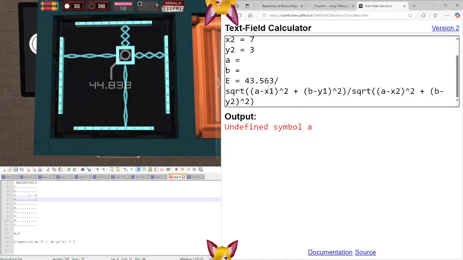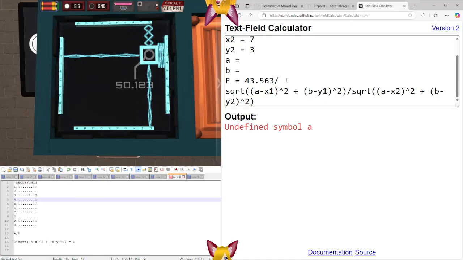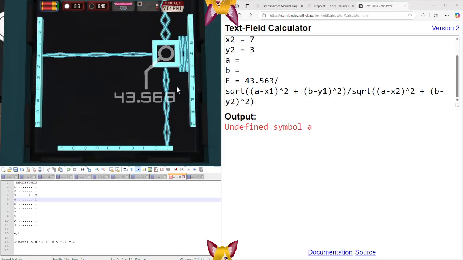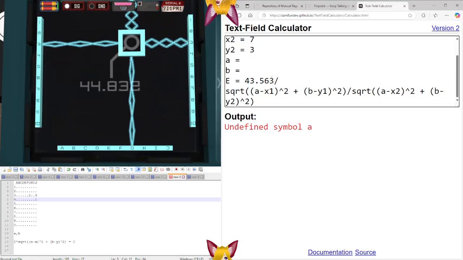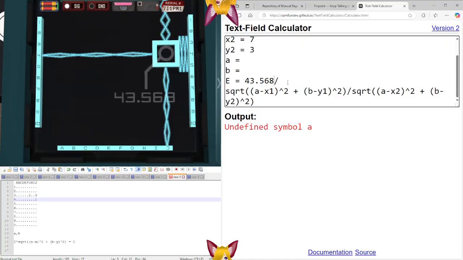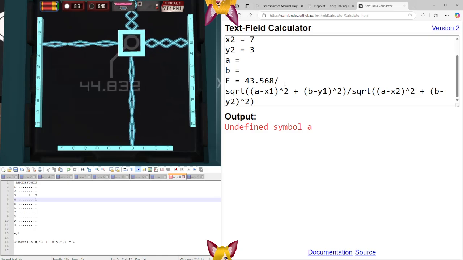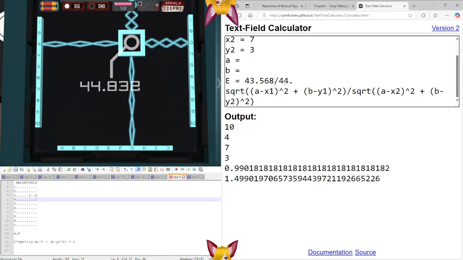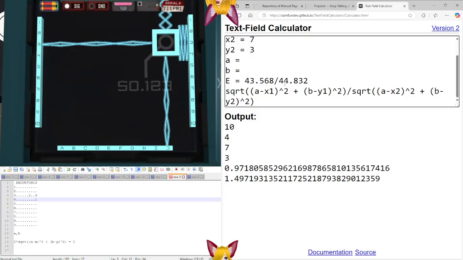I think it's that .568. The 3 and the 8 are difficult to tell apart, but I think they line up. 43.568. Then 2 was 44.832. Okay.